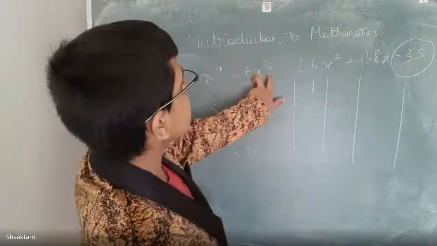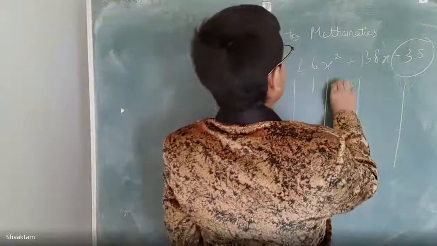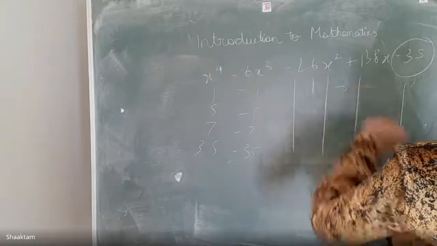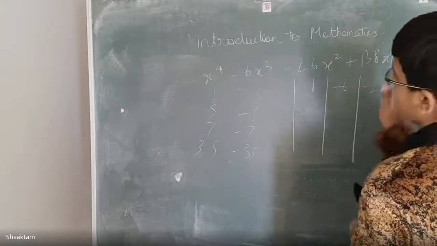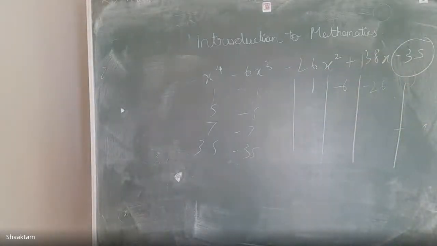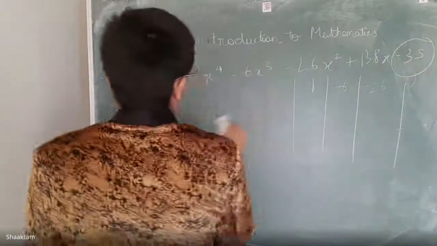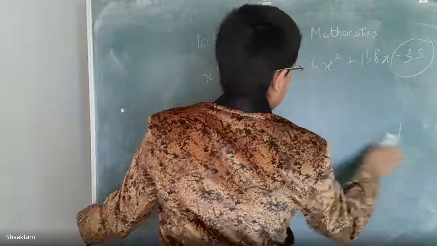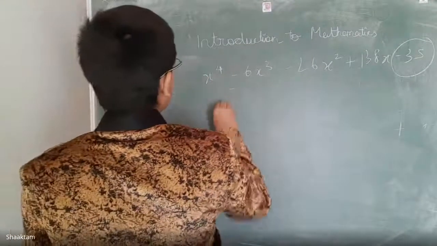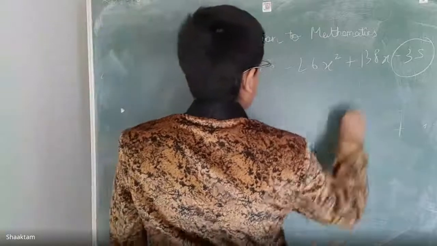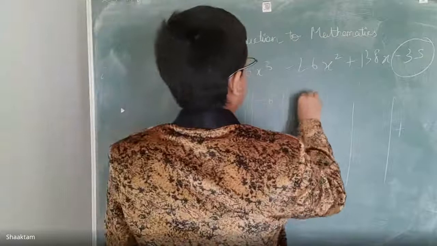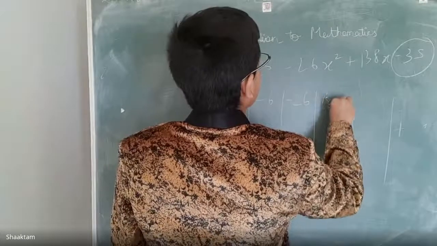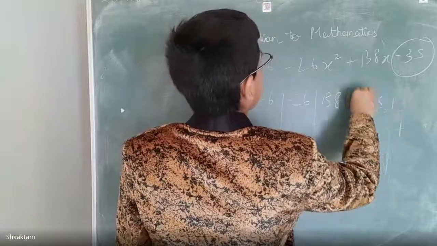The coefficient of x cube is minus 6, and the coefficient of x square is minus 26. So we're getting 1, minus 6, minus 26, 138, and minus 35.